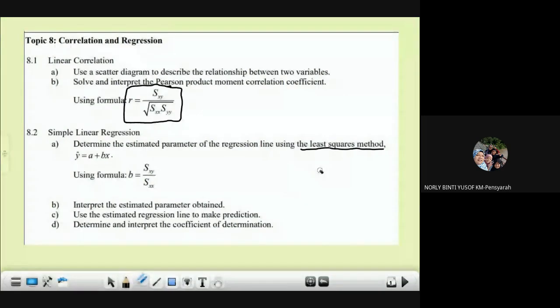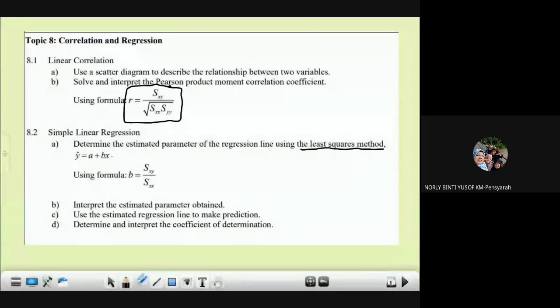So dia punya konsep tu similar, cuma dia pakai guna parameter regression tu using least square method. So you ada y hat equals to a plus bx. Tu bezanya lah. Nak kita similarkan dia dengan straight line equation.